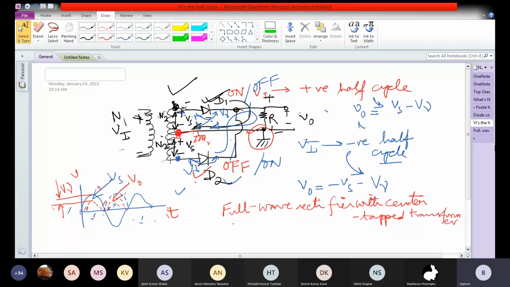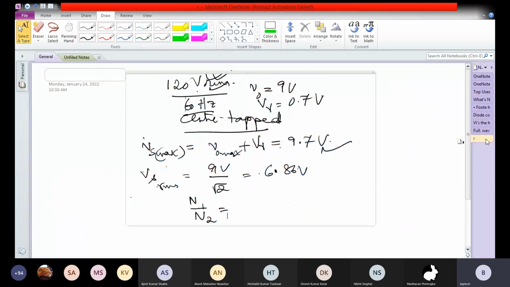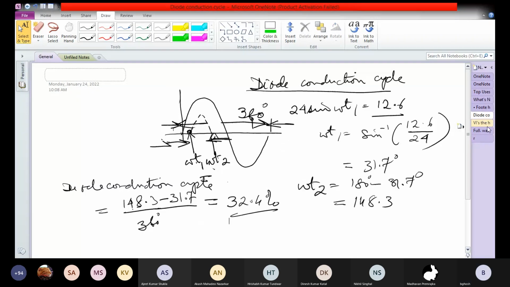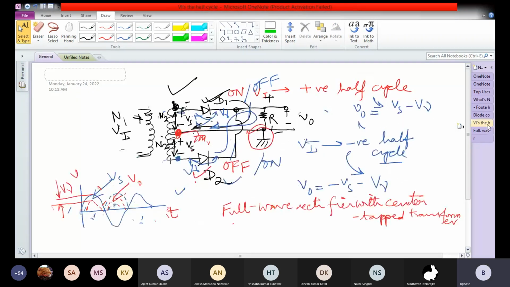So if I go here, N1 by N2 is how much? We are going to Vs max. Vs max is from this point to this point, so N2 is from here to here.